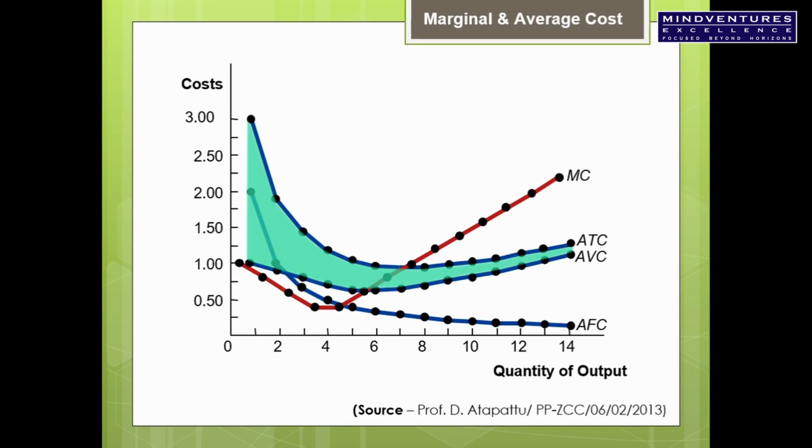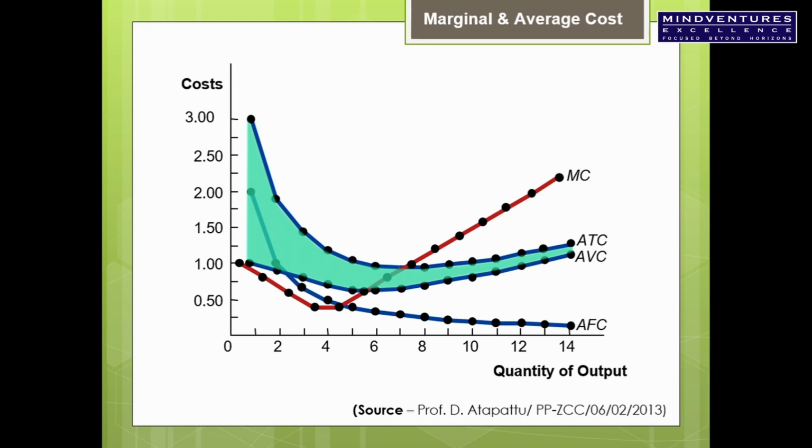We start at a point where the vertical distance between ATC and AVC is relatively high, and as quantity of output increases, that vertical distance keeps decreasing. So we might need to ask why is it? Why is AVC not parallel to ATC?